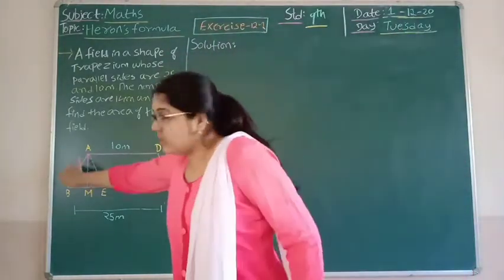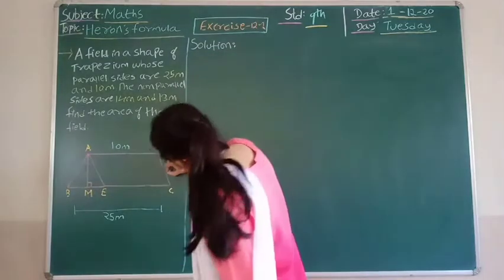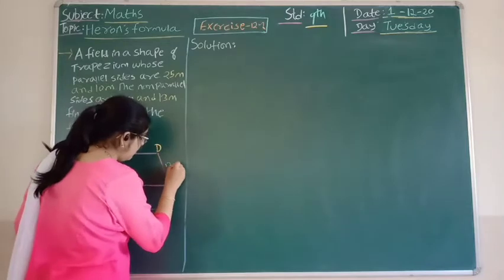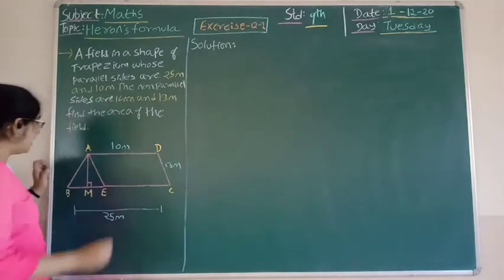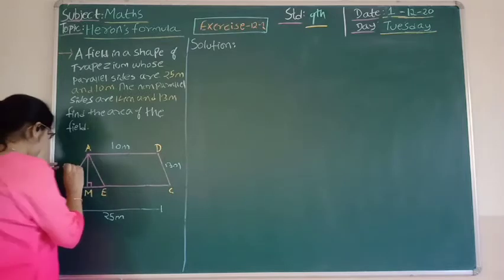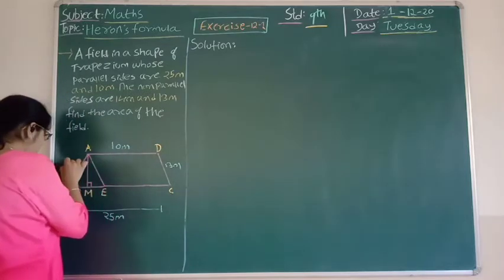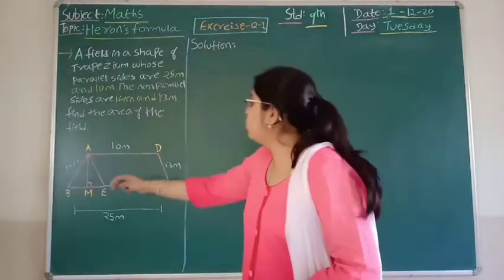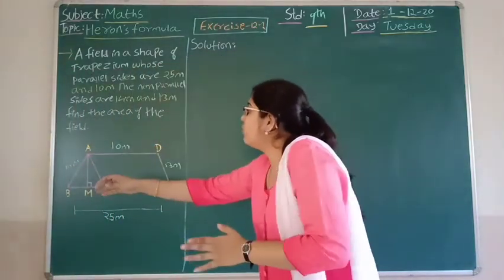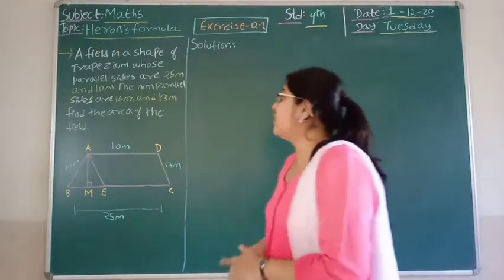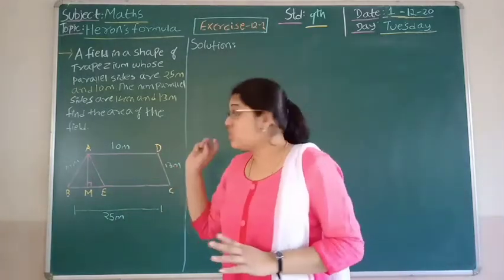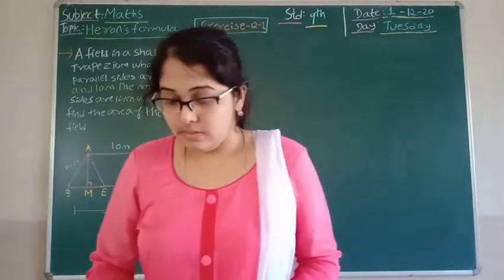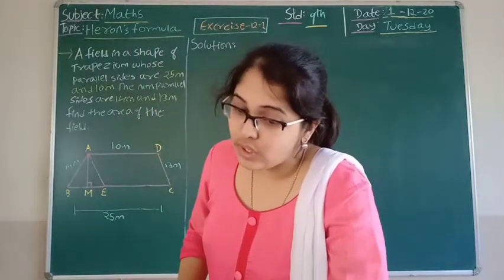So I am writing over here 13 meter, and let me write this as 14 meter. With this I can say my two non-parallel sides are 14 meter and 13 meter. We need to find the area of this field. You can see basically a triangle over there, right? So what is the first thing we need to do? We need to construct, right?